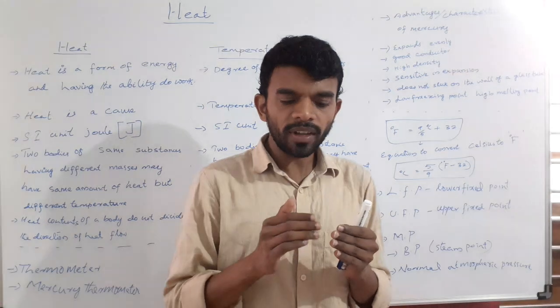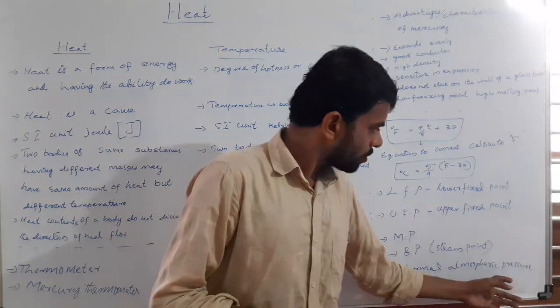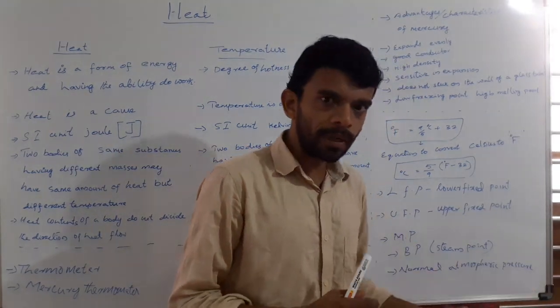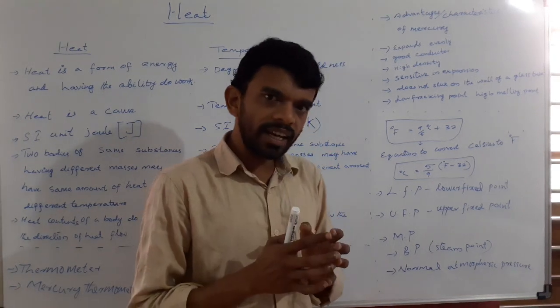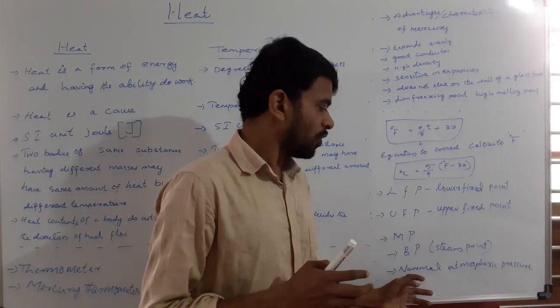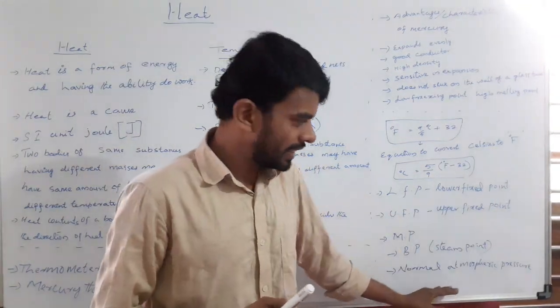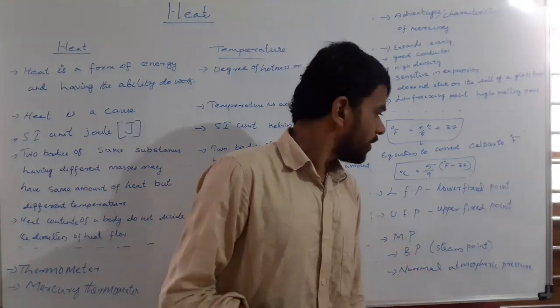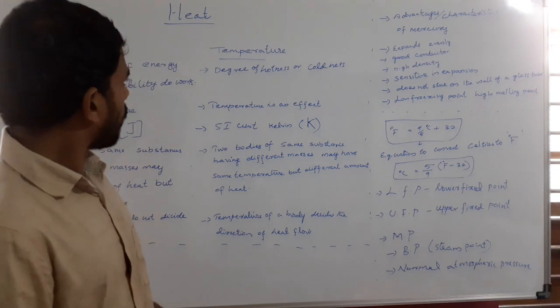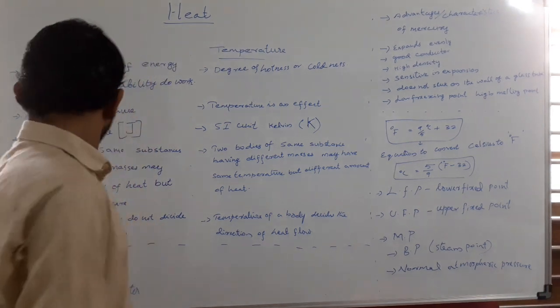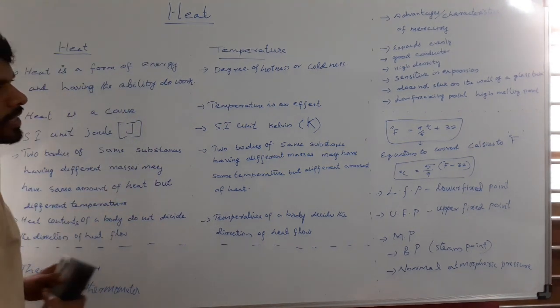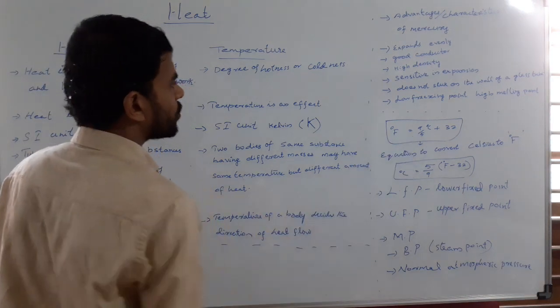When the weather varies, the atmospheric pressure varies. So we will consider a normal atmospheric pressure. Those details we can discuss later. Now we can discuss a few questions related to the conversion.